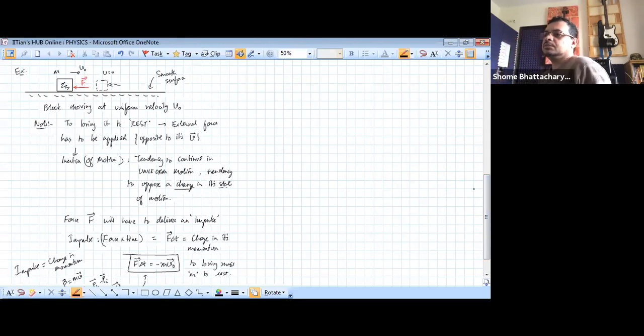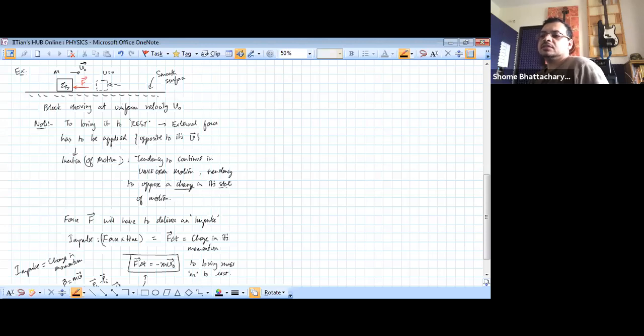Right. So in the second example, the body is in a state of motion. It has an initial momentum of m into v naught, where momentum is a vector quantity, because velocity is a vector quantity. So this velocity should be expressed as a vector. Now supposing the change that we want to bring is that we want to bring the body to rest. In order to bring the body to rest, some external force has to be applied over a duration of time.